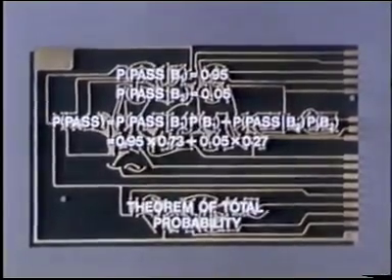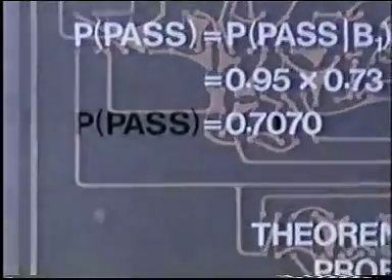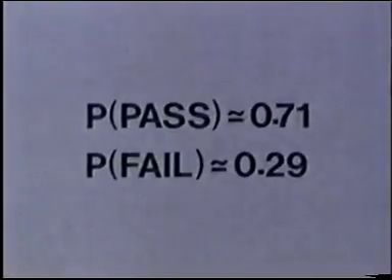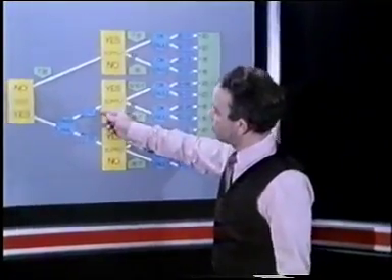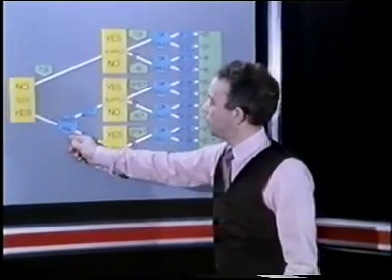And that comes to 0.7070. In other words, approximately 0.71. And of course, if the probability that it passes is 0.71, then the probability that it fails is 0.29. And so we have these approximate probabilities of 0.71 of passing the test and 0.29 of failing the test.